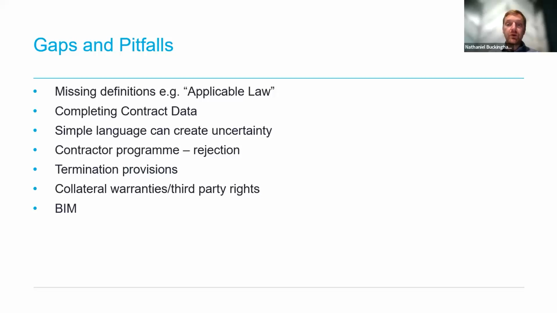So the importance of both parties completing their sections of the contract data accurately and in full cannot be stressed enough. Also, because the contract structure provides for all descriptions of the scope and specification of the works to be contained in external technical documents, it is really important that these are listed fully in the contract data and that they are accurate. This applies equally to contractors' design documents.